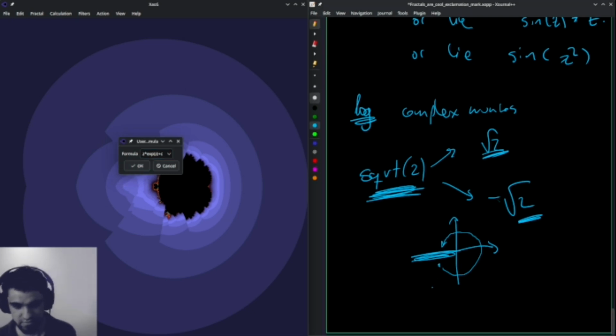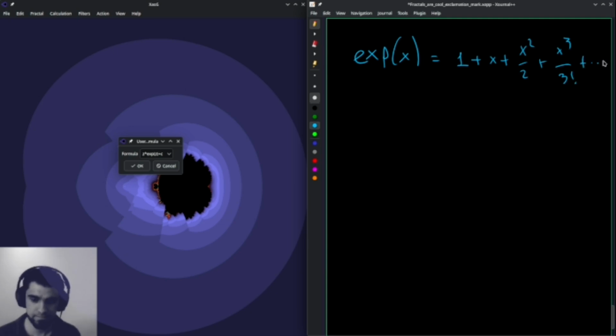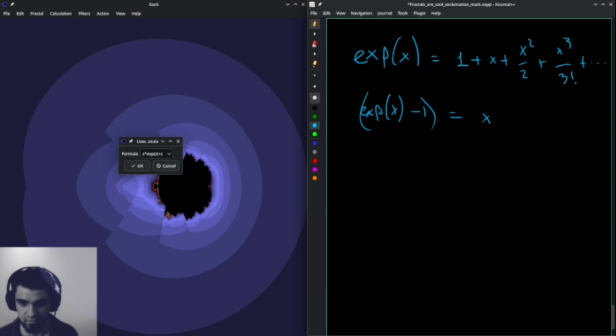So let's just double check. What is e to the x? It should be 1 plus x plus x squared over 2 plus x cubed over 3 factorial and so on. So what we can do is, I don't know, the exponential of x minus 1 should be something that begins with x.